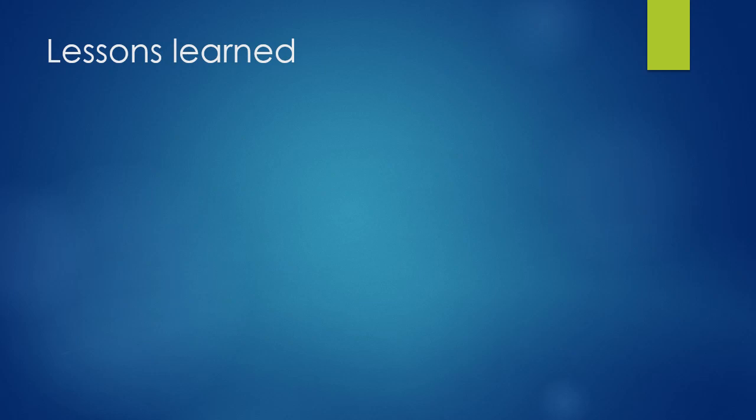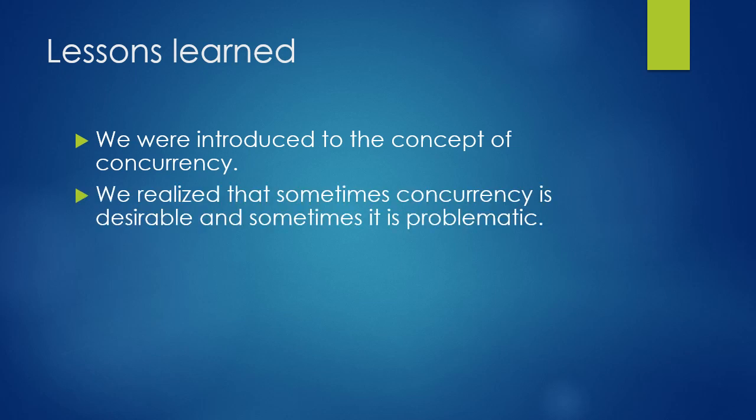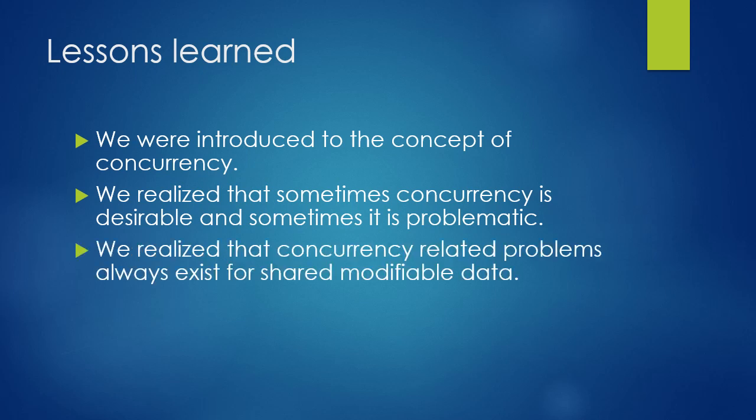So, what did we learn today? We were introduced to the concept of concurrency. Concurrency is the overlapping of lifespans of different events. We realized that sometimes concurrency is desirable and sometimes it is problematic. We realized that concurrency related problems always exist for shared modifiable data. So if we have data that is not shared, just local, then we will not have any concurrency problem for it.